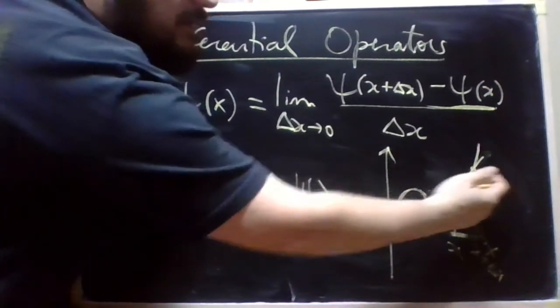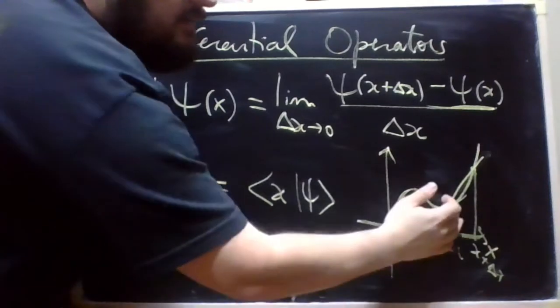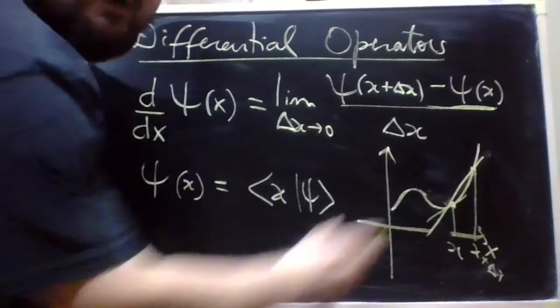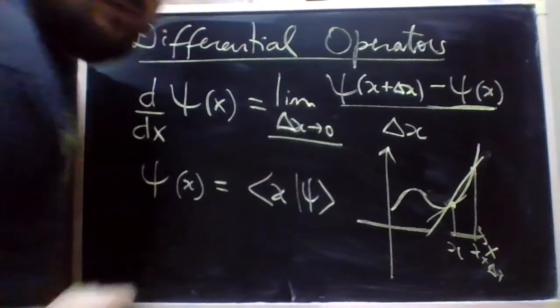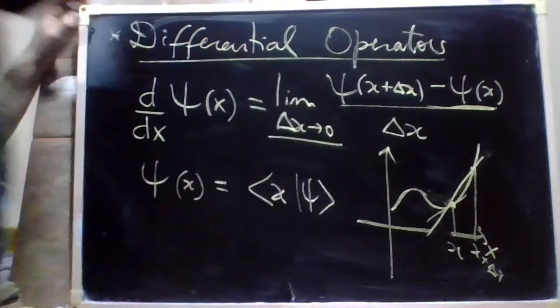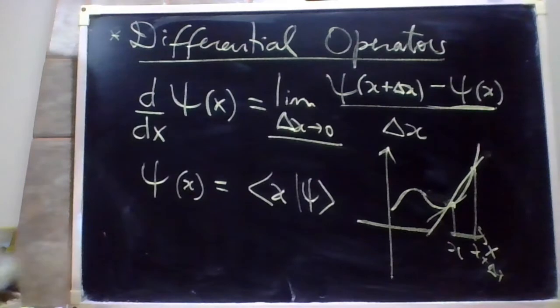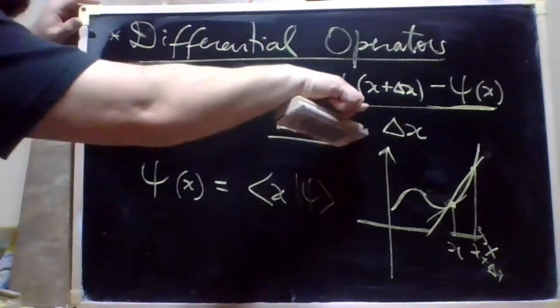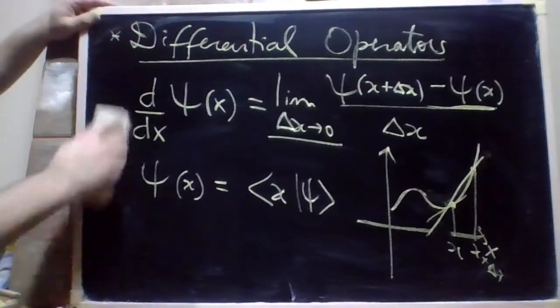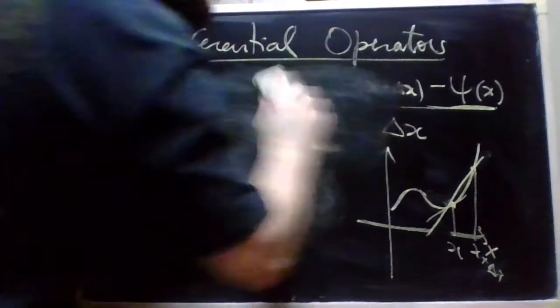You push one point onto the other until they are very close. In the limit, delta x goes to 0 and you find the derivative. But now look at the expression here, a given function.